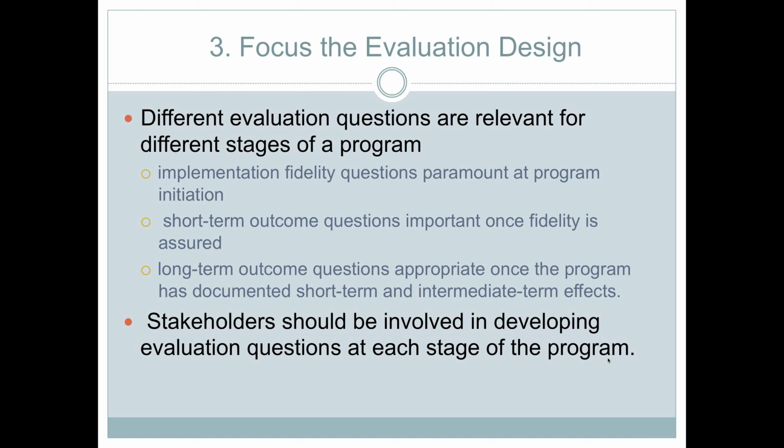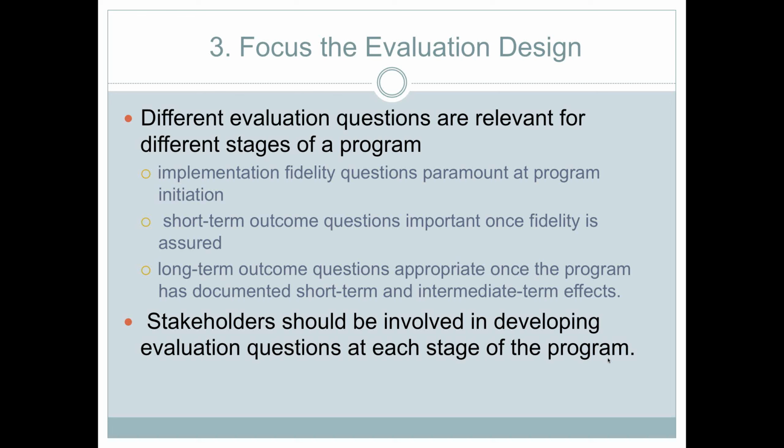For example, when you're starting a new program, implementation fidelity questions are really important questions to ask, because you want to first make sure that if you've planned a program, that everybody who's part of delivering the program is able to mount that program with fidelity, that most of what is part of the program is happening as planned.